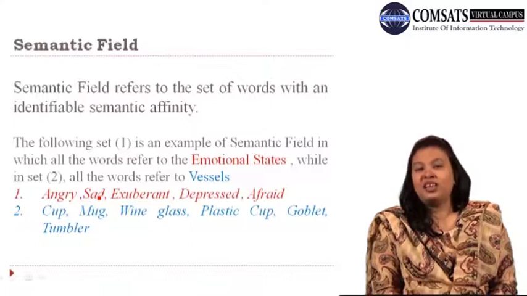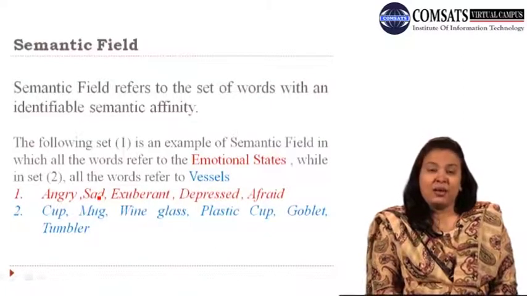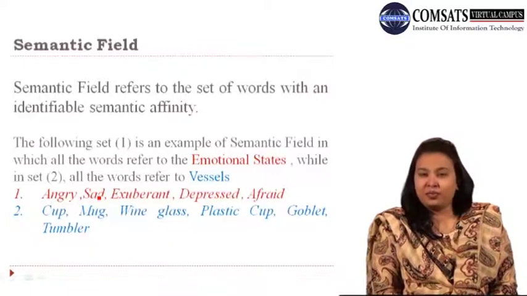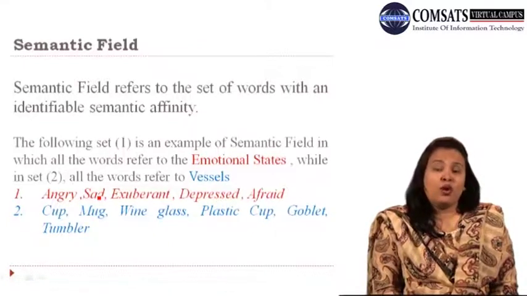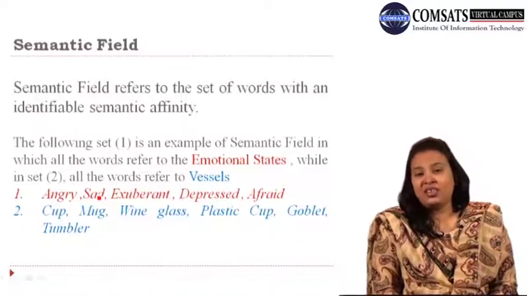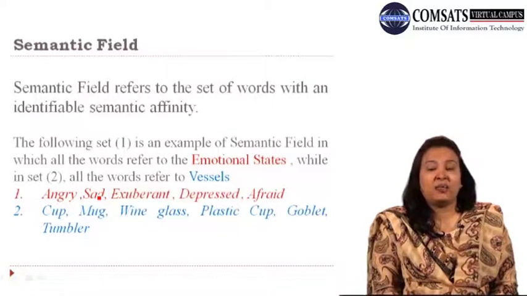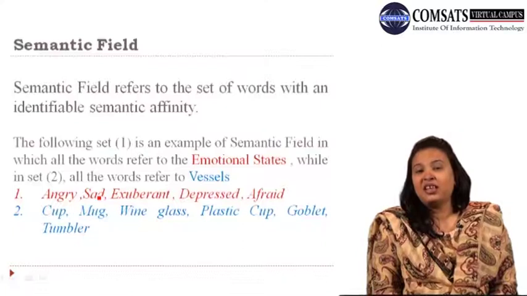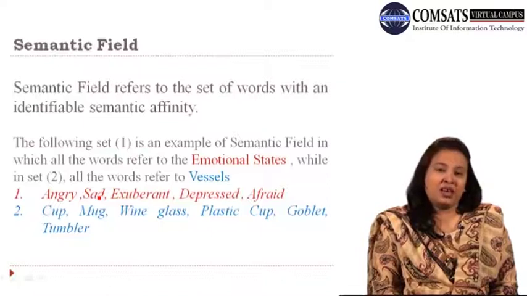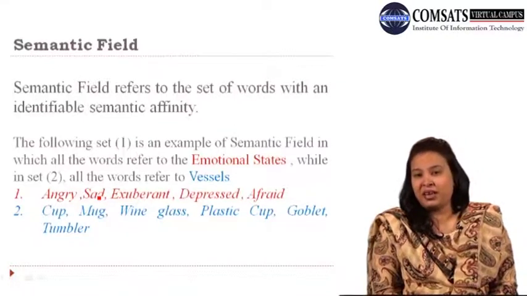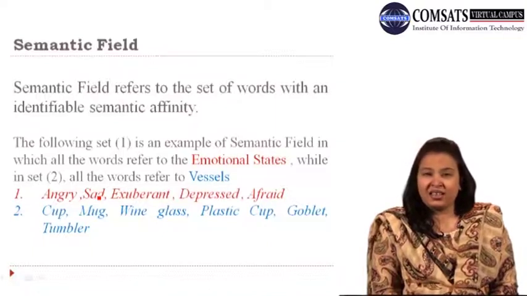Because the principal goal of lexical semantics is to categorize words, and to categorize them we have to divide words into different semantic fields. A semantic field is that particular identifiable semantic affinity which tells us, okay, this word belongs to this semantic field, and this word belongs to that semantic field. So we can categorize words on the basis of certain identifiable meanings, and divide them into different classes.